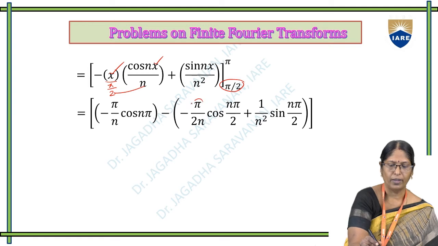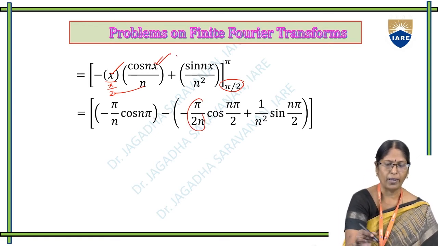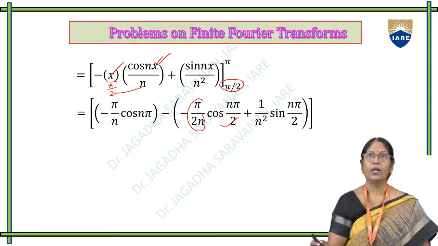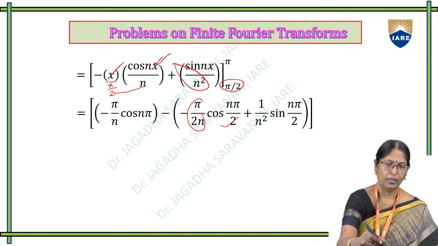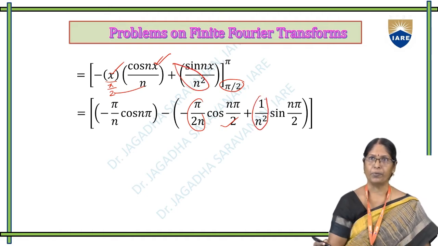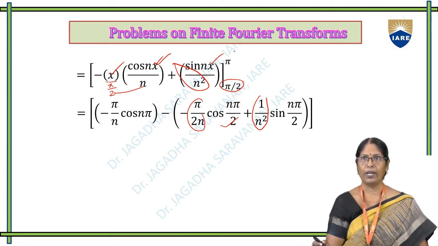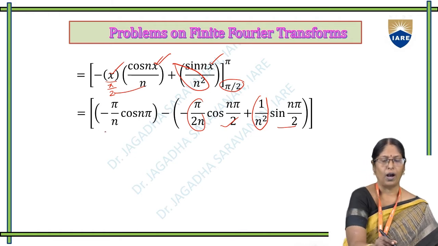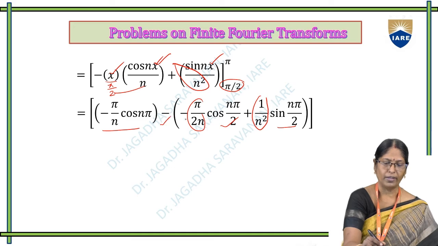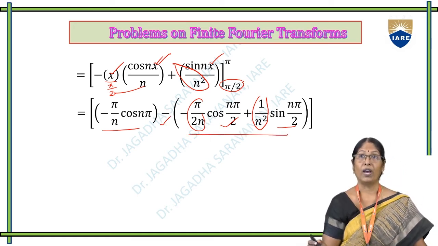This n joining is becoming pi by 2n. Here x place pi by 2, it has become cos n pi by 2 plus this 1 by n square, it is kept out. Sin n, x is taking the value pi by 2, it has become sin n pi by 2. Upper limit minus lower limit. Completely the limit value substitution is over.